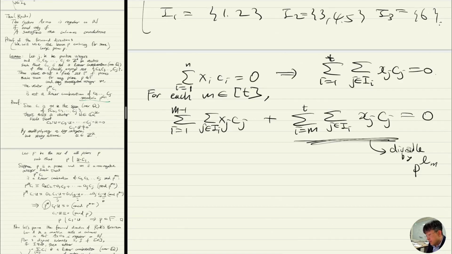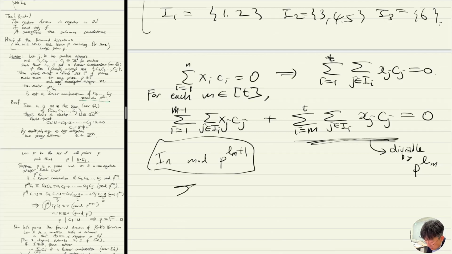So if I take modulo p to the lm plus 1, from 1 up to m minus 1 we don't touch anything here, but for i bigger than m, xj will be 0 modulo p to the lm plus 1.